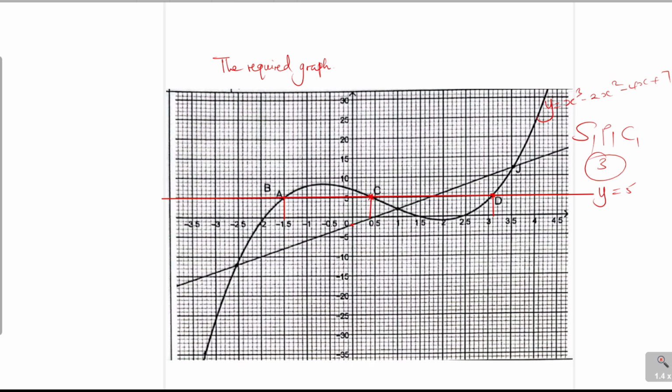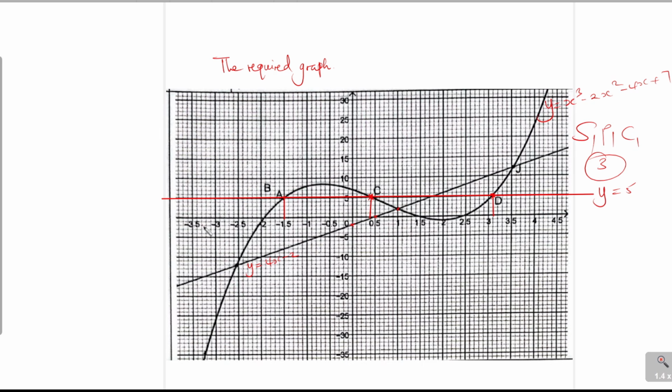So you can see now, using these 3 points, you come up with a straight line. So the equation is y equals 4x minus 2. That is the straight line there.